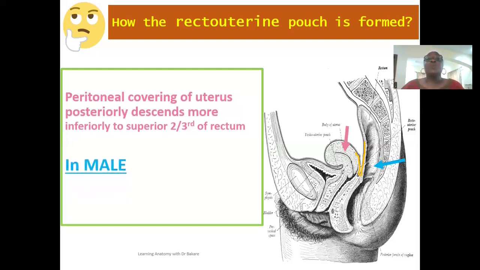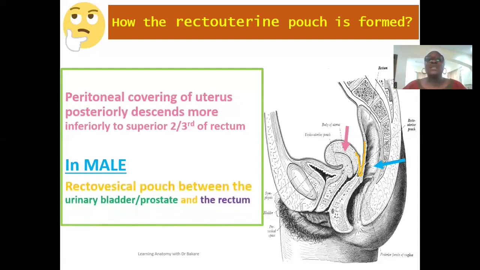But in male, we do not have the rectouterine pouch, and we also do not have the uterovesical pouch. If you try to break down those names, you see that they have uterus in them. The male are not seen to carry the uterus. So we do not have these pouches created in male. So in male, because we do not have the uterus, the pouch that will be created is the rectovesical pouch, which is a pouch that will be created between the urinary bladder and also the rectum.